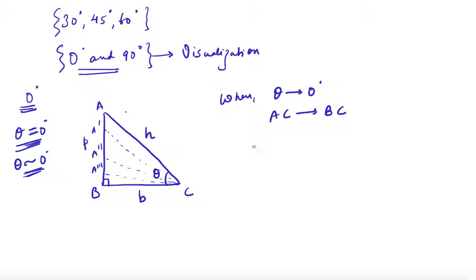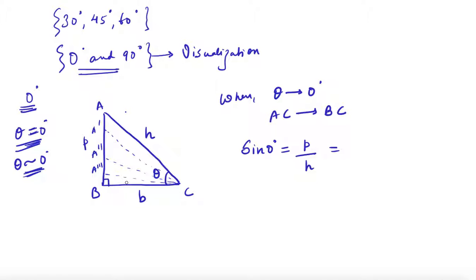In that case, now let us see what is the value of sine 0 degrees. The definition will remain the same, perpendicular by hypotenuse. Now when theta is equal to 0 degrees, the base coincides with the hypotenuse, and in that case the perpendicular becomes zero, right? Can you just visualize it?